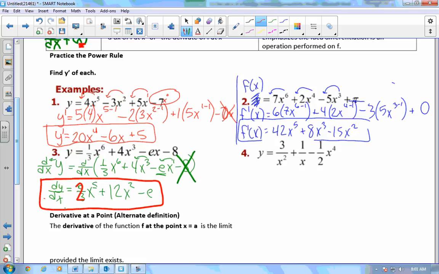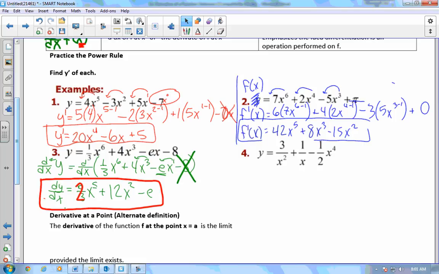Okay, try number 4. We can do y prime. Since it says y, either do y prime or dy dx. Interesting, right?